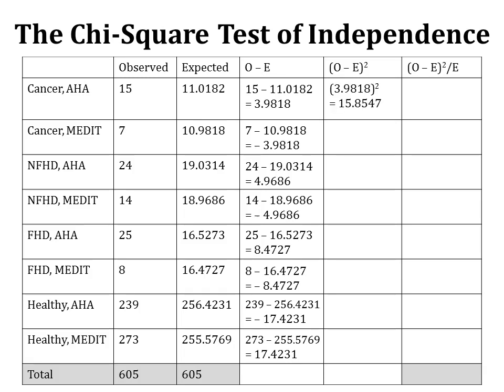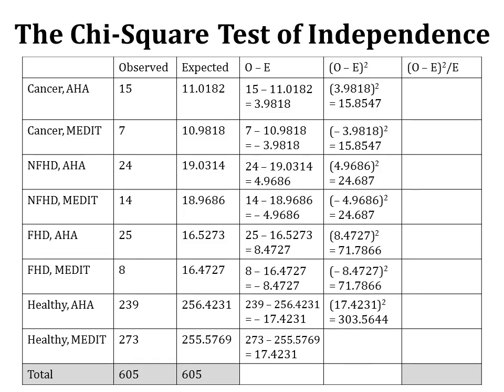Next column is about taking the square of the difference between the observed and expected frequencies. We are following the same procedure. We are taking the square for each cell. 3.9818 squared is 15.8547, and then the square of the difference between the observed and expected frequency of each cell.